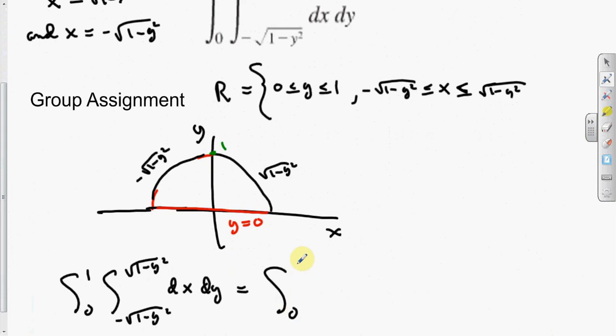This becomes the integral from 0 to 1 of x evaluated from negative the square root of 1 minus y squared to the square root of 1 minus y squared, and then dy sitting there.